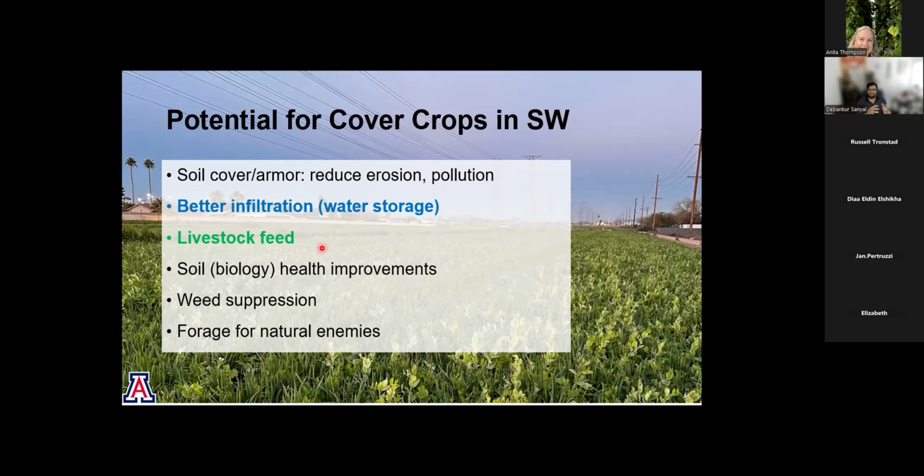This will be interesting because in nutrition quality, biomass produced, and water used, in all three areas we can trump the existing traditional hay forage systems, along with other benefits, soil health benefits, and weed suppression benefits.